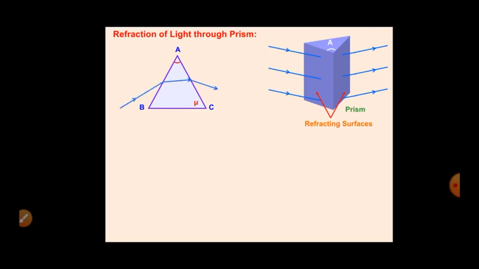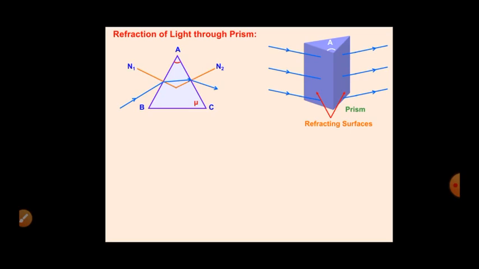Light incident on the surface is first refracted at surface AB, and if the prism material has a constant refractive index, the light goes on in a straight line, and then at surface AC it refracts again.